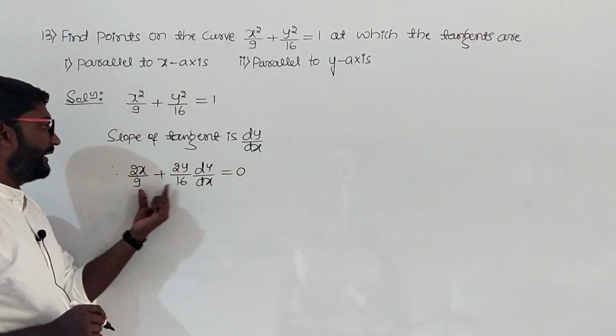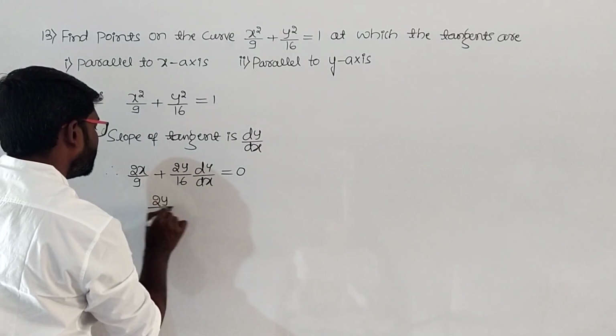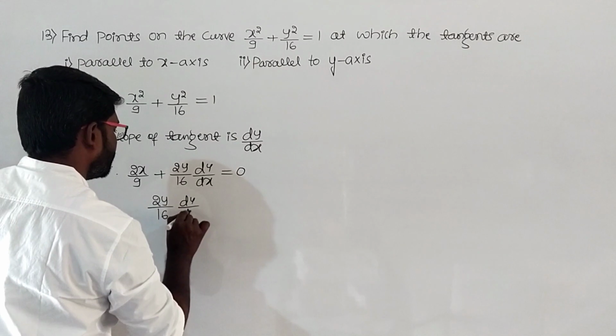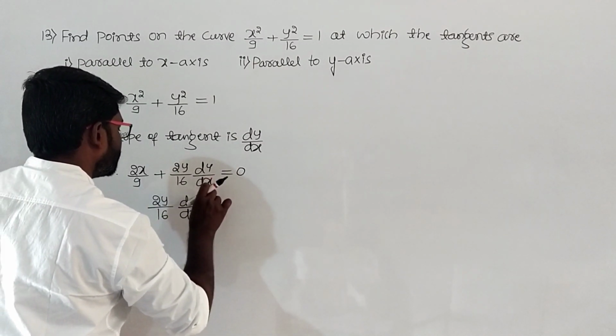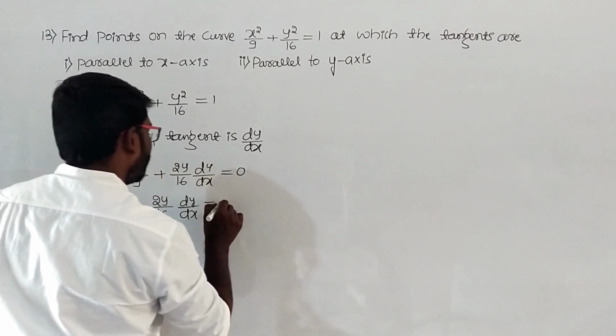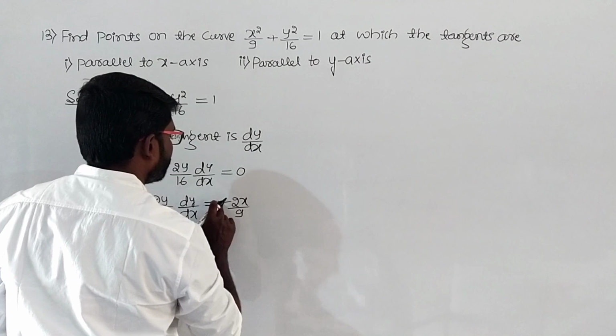Now I take this term to the right hand side. So we get 2y by 16 into dy by dx, which is equal to minus 2x by 9.